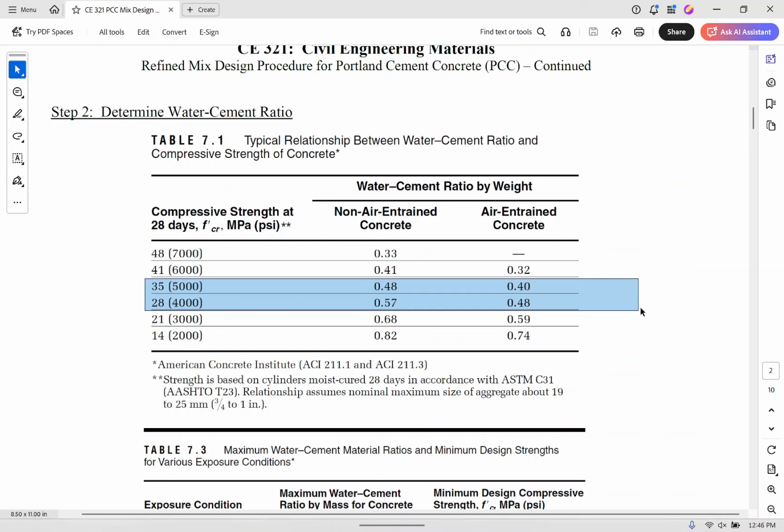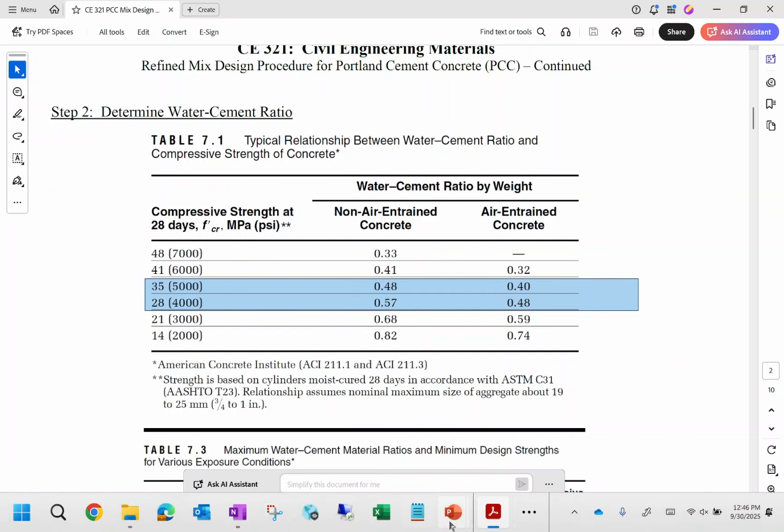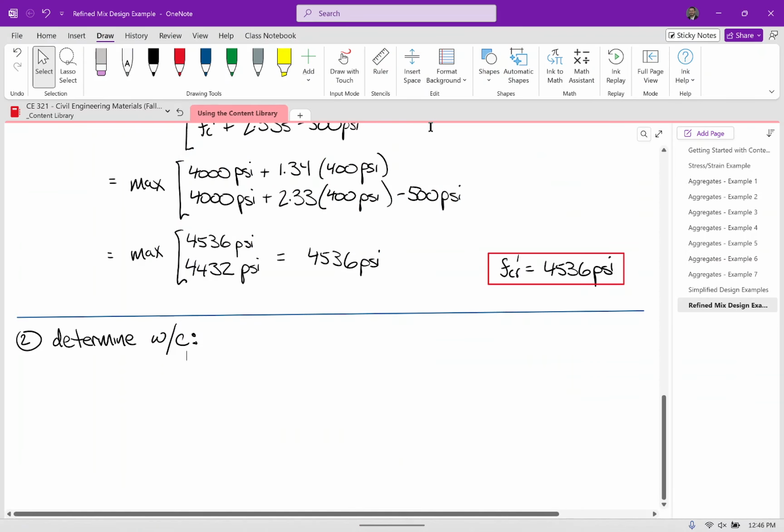We're only going to go to 2 decimal places. So what value do you want to use? 0.44, right? Because for 4,000, it's 0.48. For 5,000, it's 0.4. We got about 4,500. Call it 0.44. So this is what we'll do.